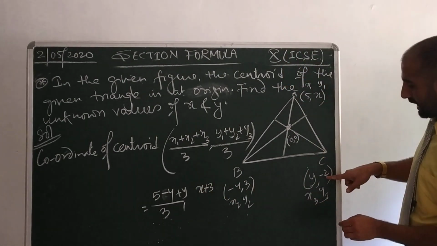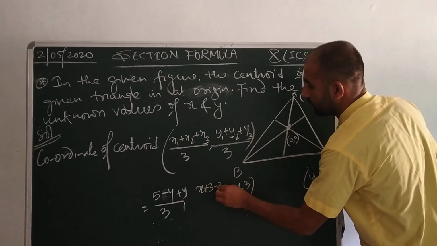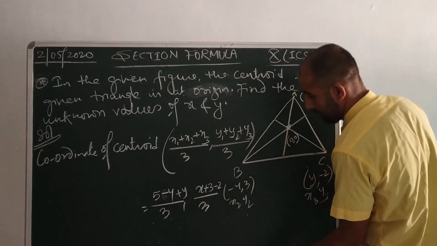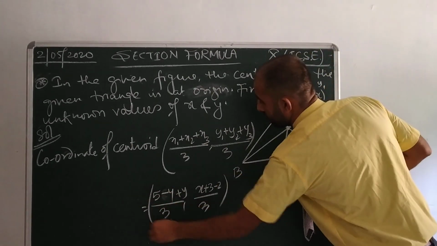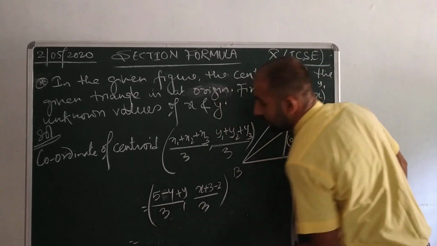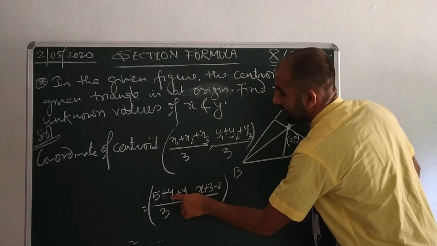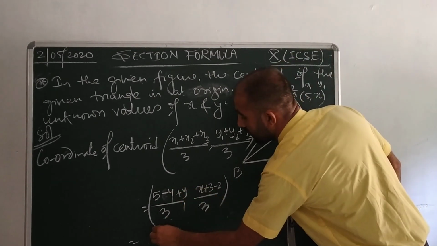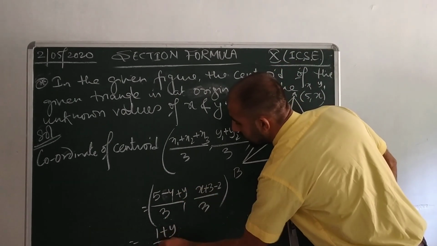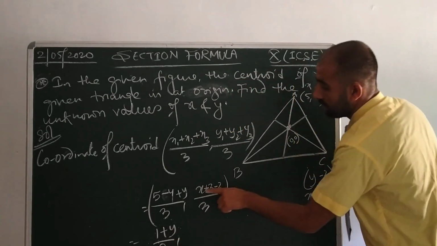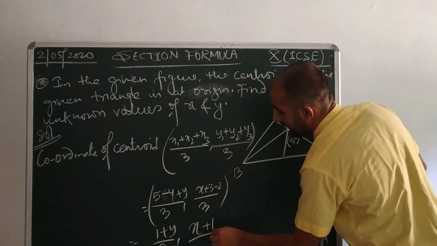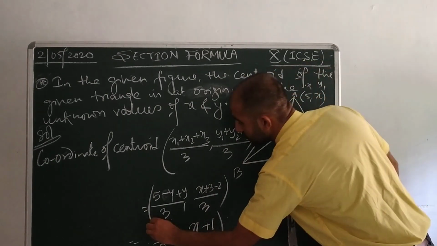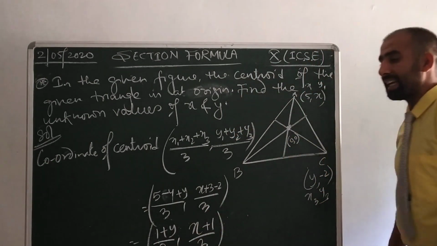And y3 we have minus 2, by 3. Let's see. 5 minus 4, that is 1. (1 + y)/3. x, 3 minus 2, again plus 1, by 3. So according to the formula we got our centroid.